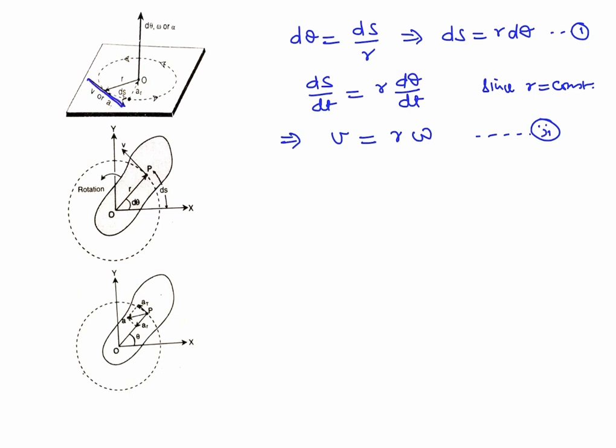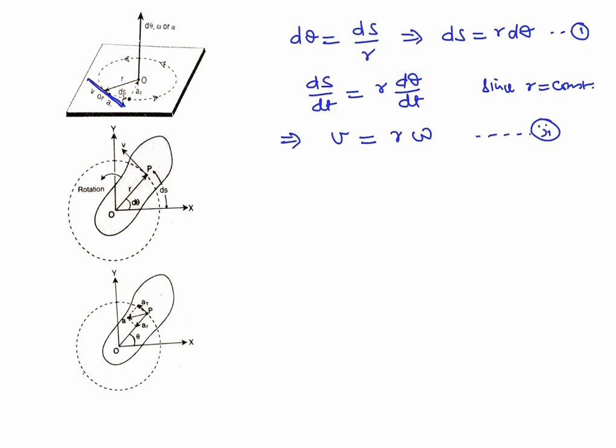So this is the tangent on the circle at any time t, and this gives the direction of the linear velocity, and d theta by dt, which is equal to omega, is the angular speed of the particle about O. So now let's differentiate this equation number 2 again with respect to time t.